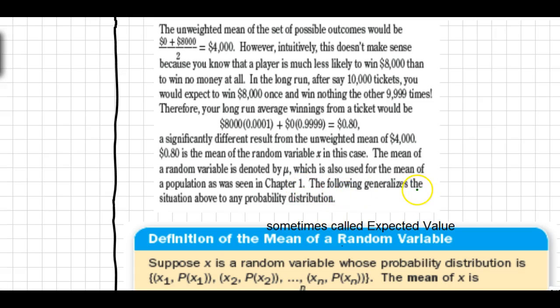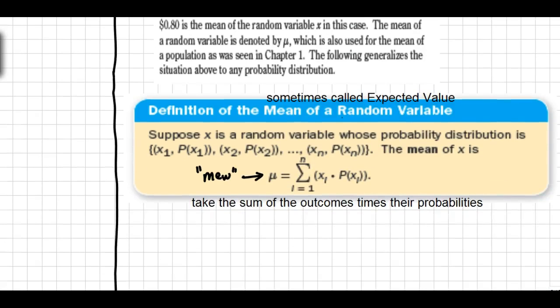The following generalizes the situation for any probability distribution. So this is one of those very important yellow boxes that's listed in the book, and it's the definition of the mean of a random variable. Keep in mind, students, that this is also sometimes referred to as the expected value. So you'll use the same formula for both. It's pronounced mu, and it's this curly-looking letter m, and it's for the mean of a random variable.